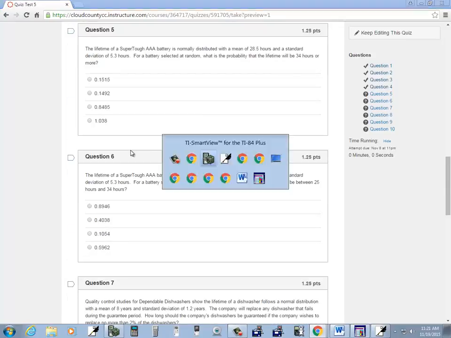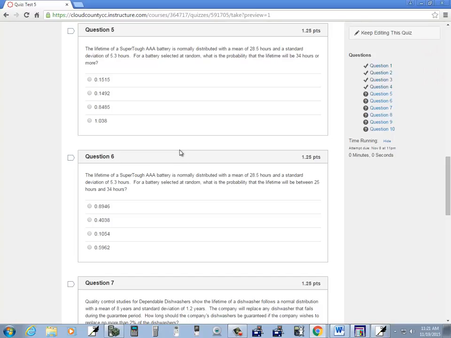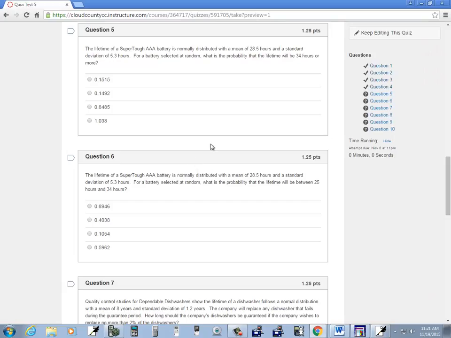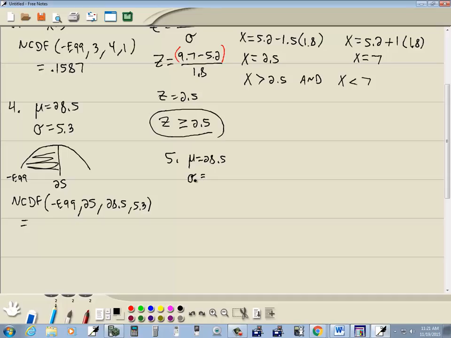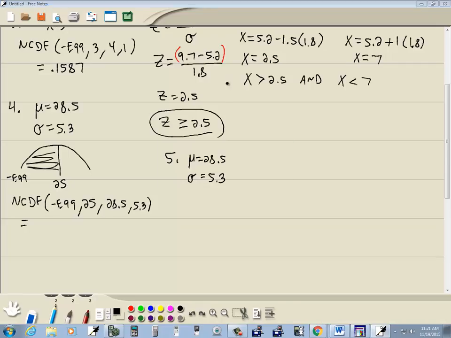Okay, number 5. Let's see. Lifetime, same setup looks like. Mean is 28.5, so that hasn't changed. Sigma is 5.3. That hasn't changed. For a battery selected, what's the probability the lifetime would be 34 hours or more for a battery.